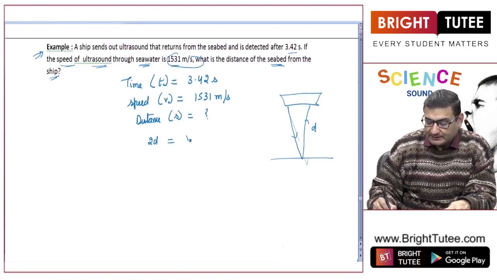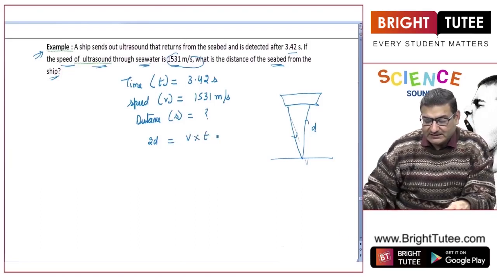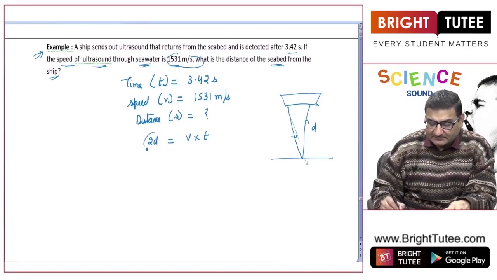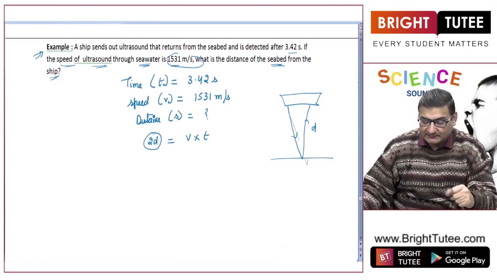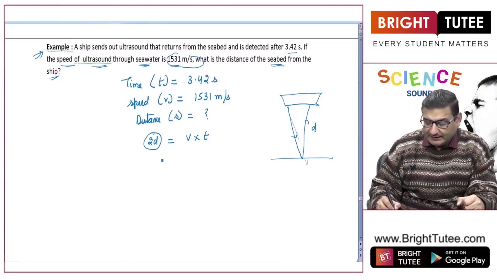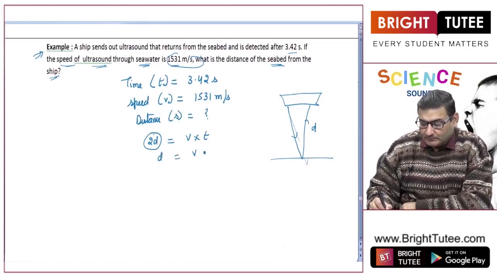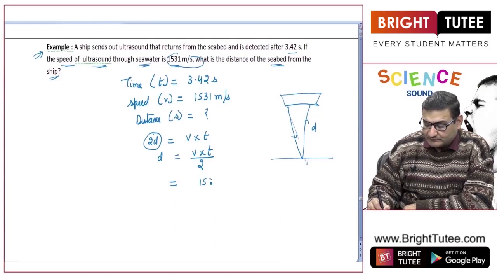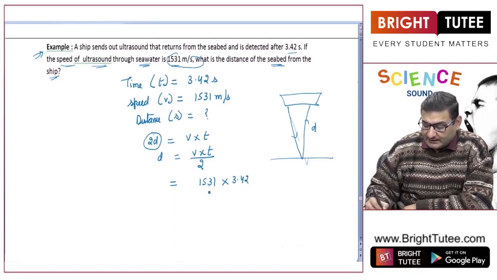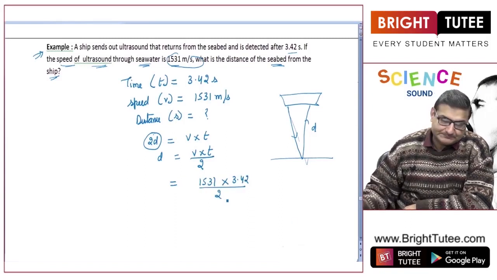So I will put up the formula. Distance is calculated by the product of velocity and time. Distance I have just put it to be 2d because it is twice and I need to calculate the one way. So d is equal to product of speed and time divided by 2. Now the velocity or the speed of sound wave is 1531 meter per second. Time given is 3.42 second divided by 2.